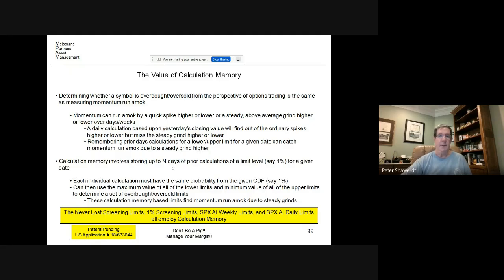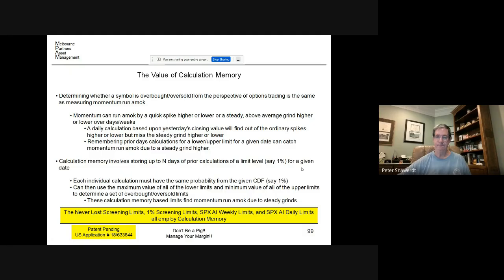So in the screener data, when we determine whether a symbol is overbought or oversold, for level one, we compare 40 days' worth of 1% calculations. For the lower limit, if it's violated, that would be something oversold.